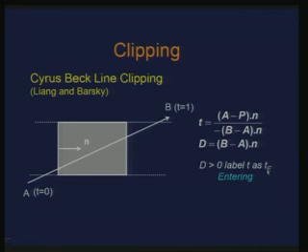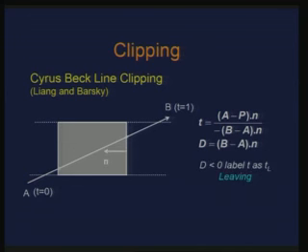E here is referring to entering. If I have a line like this going from A to B and this is my normal, then in some sense it is entering that edge, that space. So, I label these t's as T e, which I find for D greater than 0.